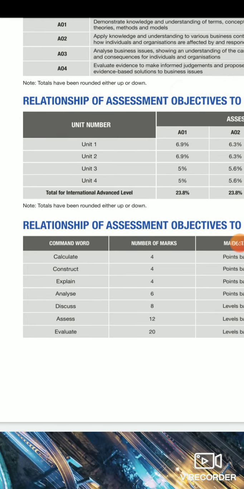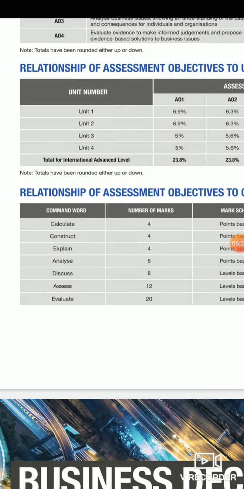And analyze, which is the next step, a 6-mark question, where we need to look at the pros and the cons, but with more weight given to either the benefits or the problems of a situation. And discuss is an in-depth analysis question, which is for 8 marks, but it needs to be more balanced, with more application provided to suggest your judgments.